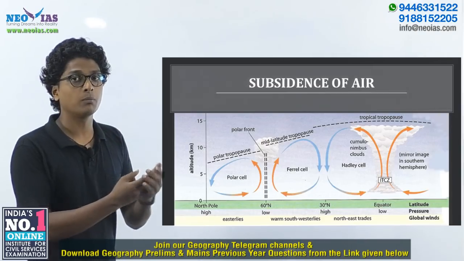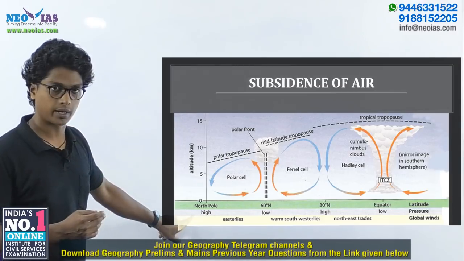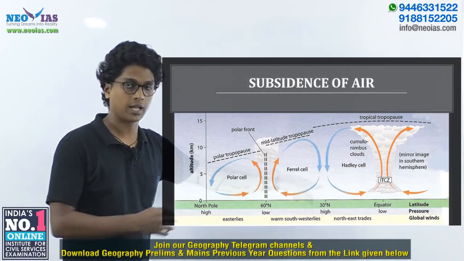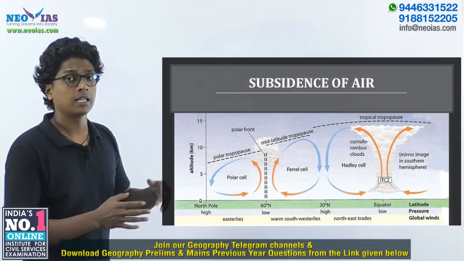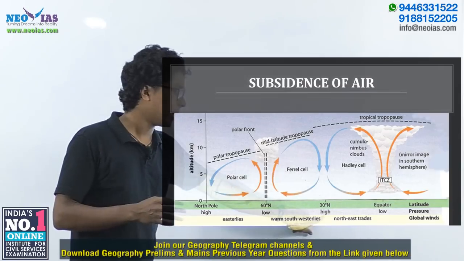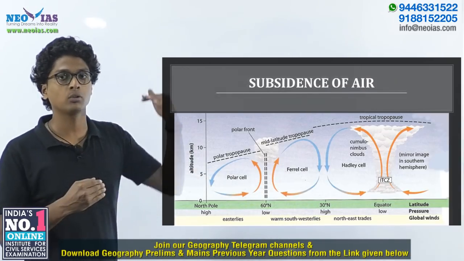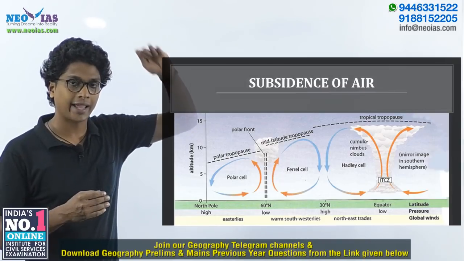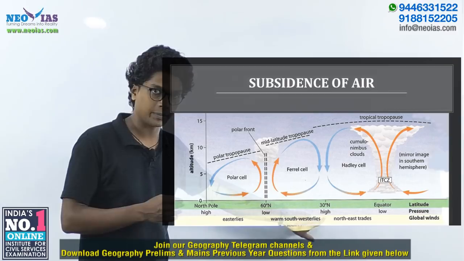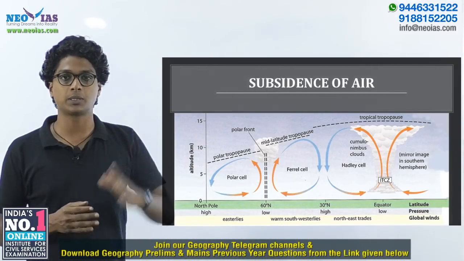And which places would be drier? The subtropical high pressure belt and the polar high, because the air is descending. We can find that all the major hot deserts are located along the subtropical high pressure belt. Think about the reason why. Because the air is subsiding in the subtropical high pressure belt, and the subsiding air will discourage precipitation.